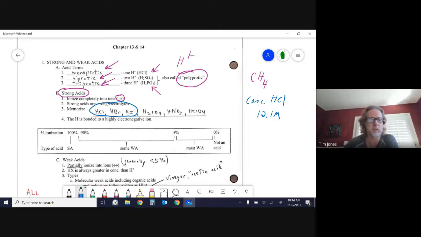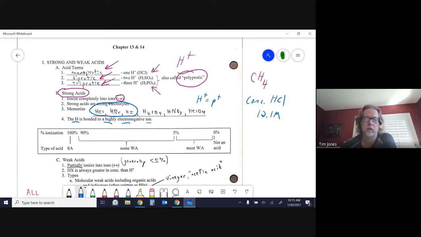One thing to notice is that one thing that makes them a strong acid is that the hydrogen is bonded to a highly electronegative ion. And so what that means is the highly electronegative other ion is able to take all the electrons, leaving you with just an H+, which is essentially the same thing as a proton.